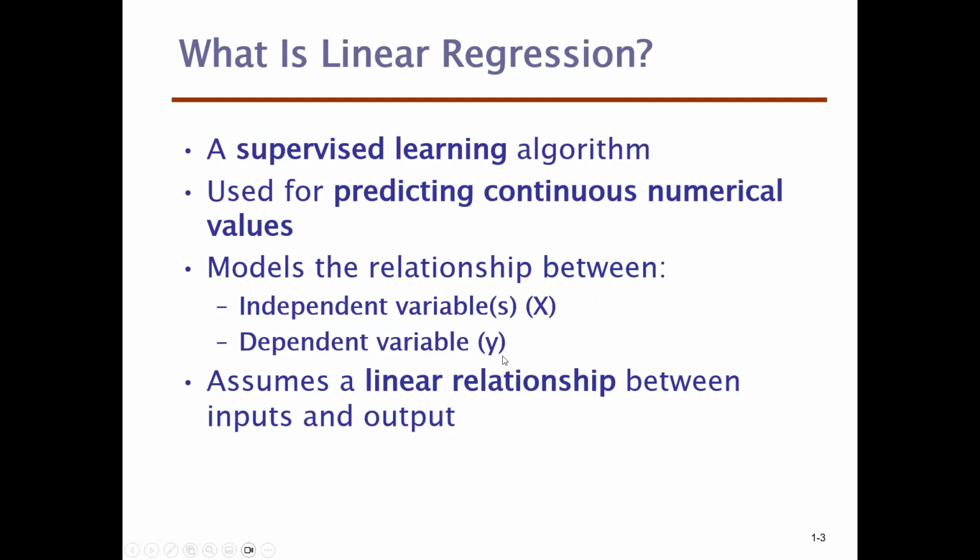In this case, we will call it multiple linear regression. We are assuming we have a linear relationship. The concept is the same. The difference between simple linear regression and multiple linear regression is the number of independent variables we have. So that's all we can mention here. Let's see if any question.